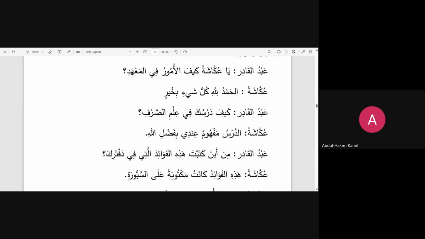He said, ad-darsu mafhumun indi bifadlillah. Again, ad-darsu mafhumun indi bifadlillah. And I'm going to go back and correct this. These things that are the ism maf'ul, I should have made it red so it can stick out.